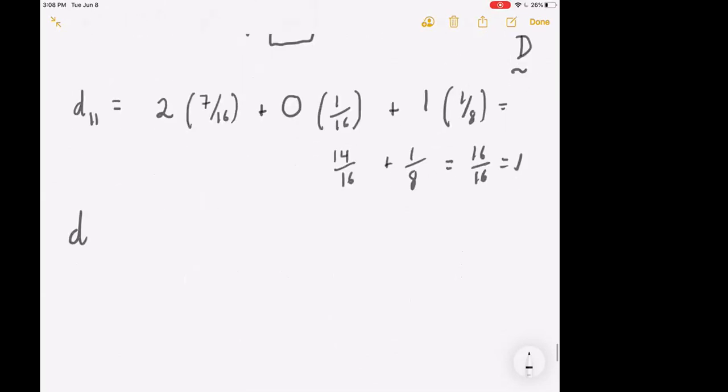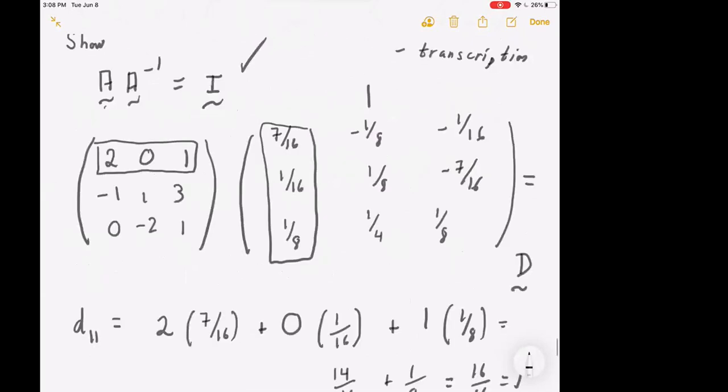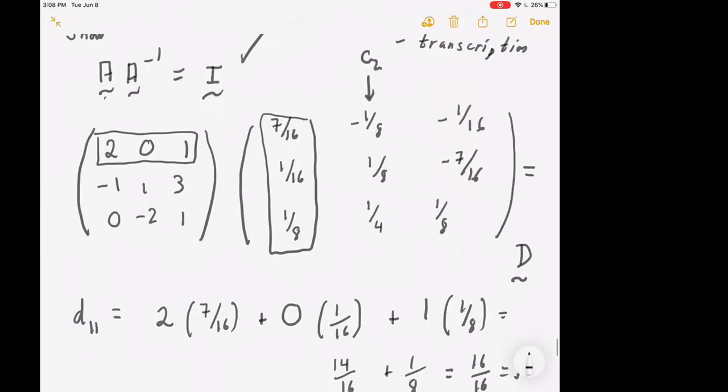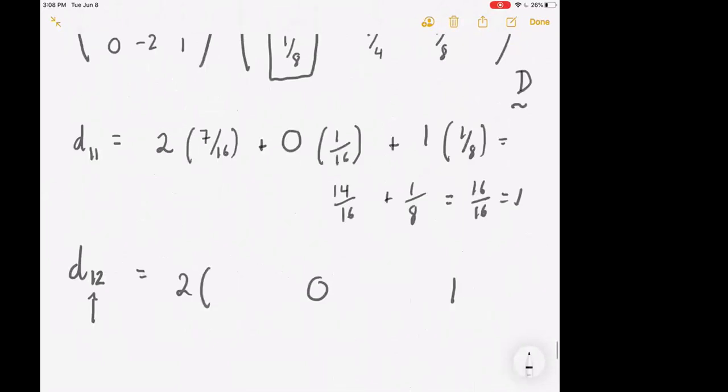Again, the 1, 2 matrix element, I'm still sticking with the first row of the first matrix. So I have 2, 0, 1. But now I have to look at the second column of the second matrix. So the terms are different. Minus 1 over 8. Positive 1 over 8.